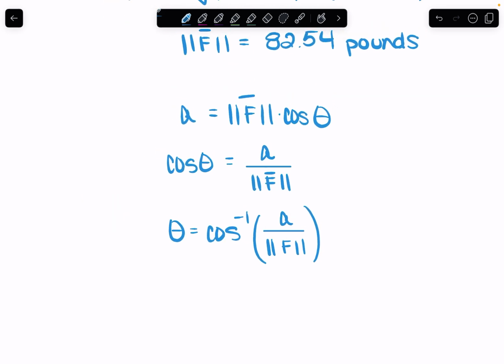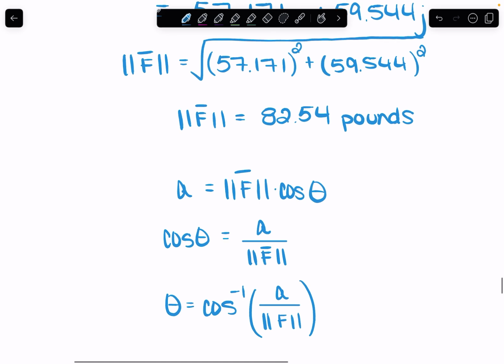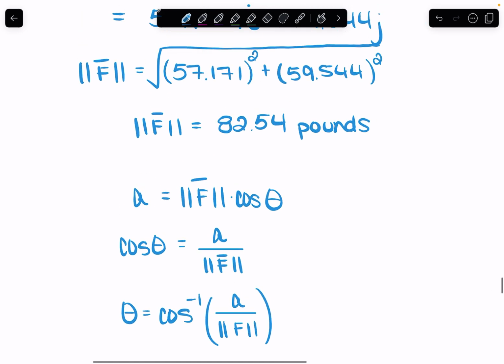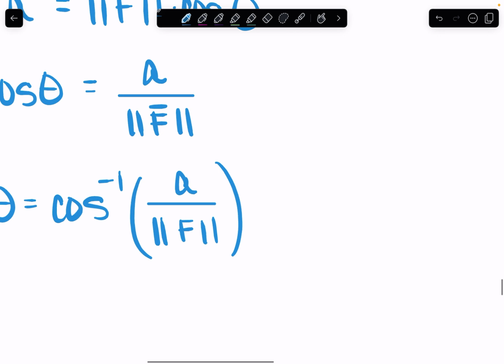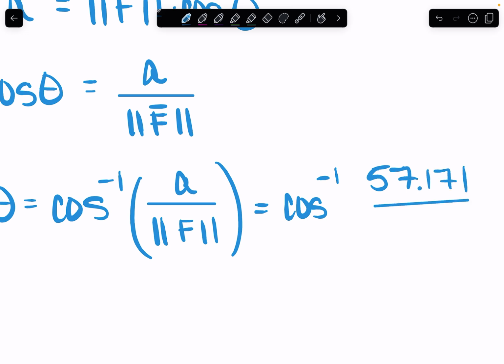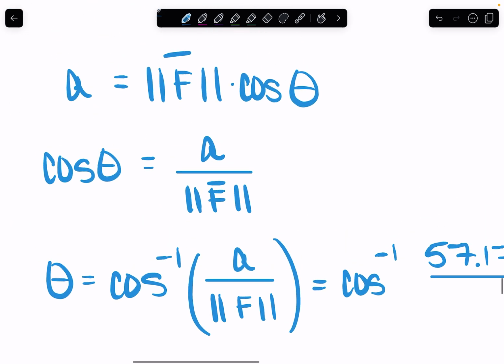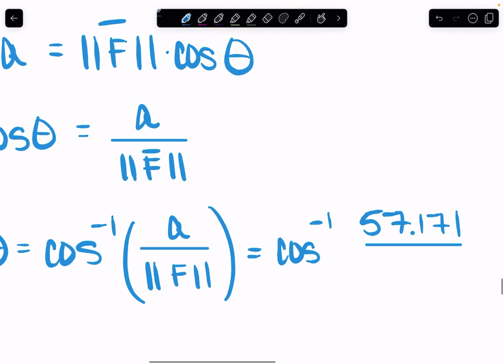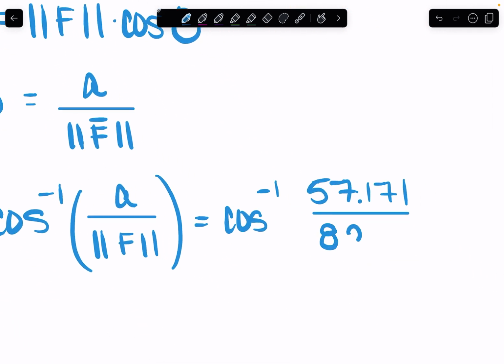All right, so I'm going to go get my values and plug in. A back up here was 57.171 over our final magnitude up here somewhere, 82.54. And then we go calculator it very carefully, so make sure you're in degrees still.